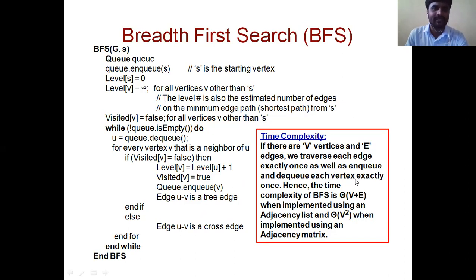That means enqueueing and dequeueing each vertex exactly once, and the E edges are traversed the same way. Secondly, the time complexity of BFS is V plus E when implemented using an adjacency list, and V square when implemented using an adjacency matrix.